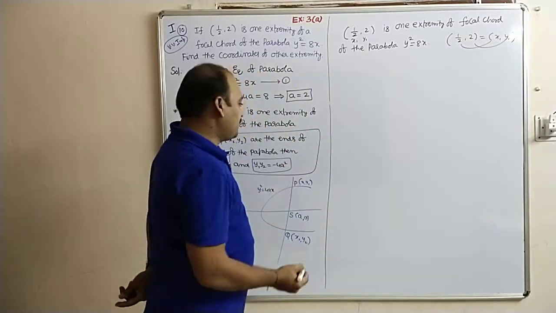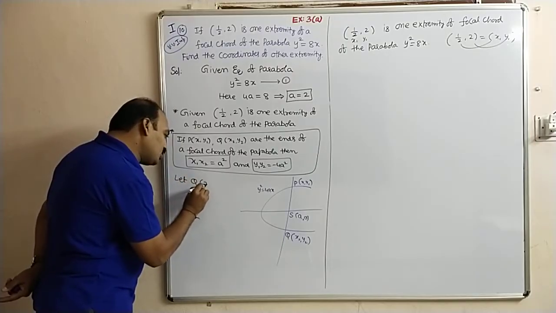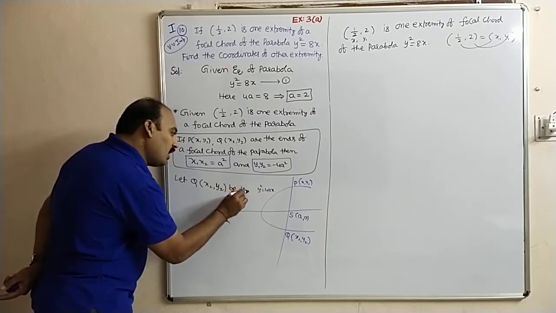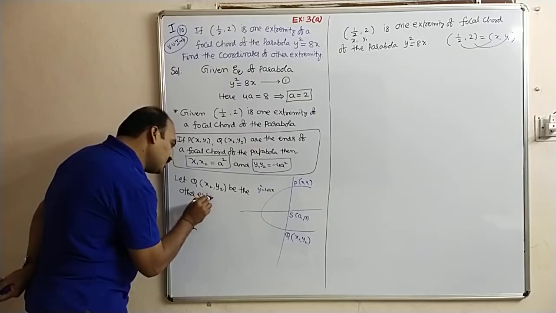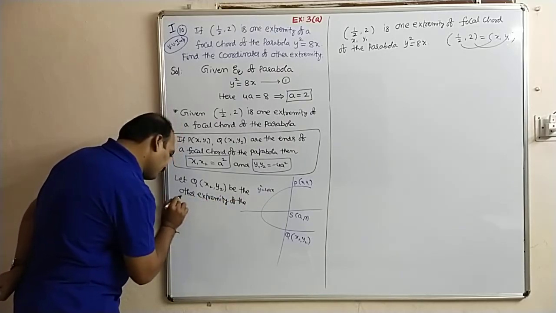To get the other extremity, let Q(x2, y2) be the other extremity of the parabola.